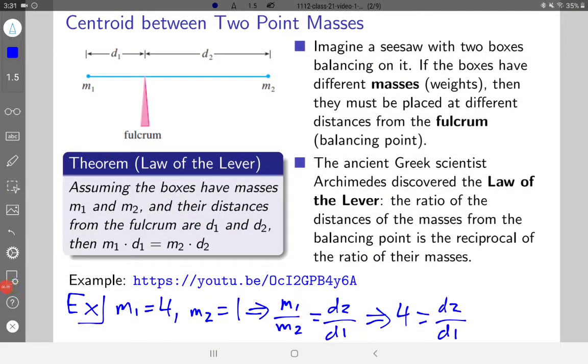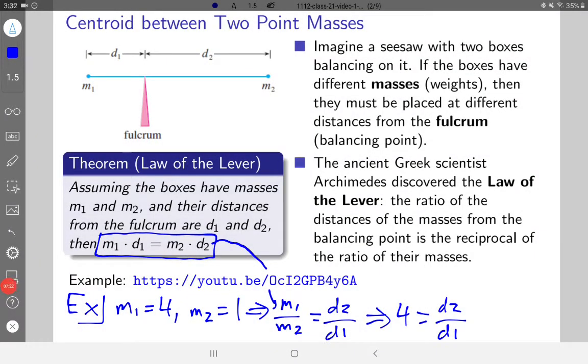So I've written out here a little bit of detail about that toy example I just mentioned out loud. Take this statement of the law of the lever there, which says that the product of the first point's mass times its distance from the fulcrum has to equal the product of the second point mass's mass times its distance from the fulcrum.